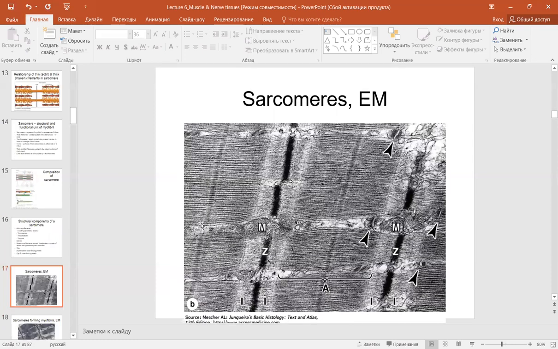Here, the electromicrographic representation of the sarcomere in between two Z lines. Isotropic band, I band, anisotropic band consisting of both myosin and actin filaments, H zone consisting only of myosin filaments, and M line cross-linking myosin filaments by proteins which are keeping them in strict position.